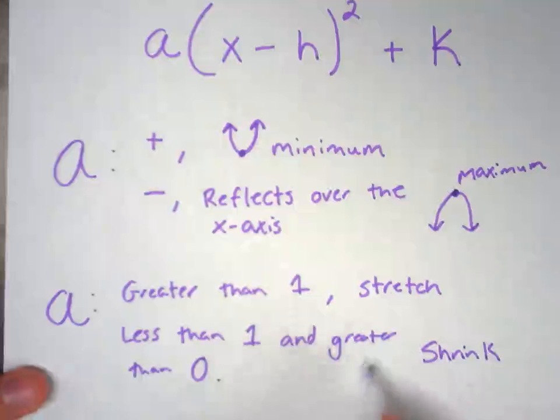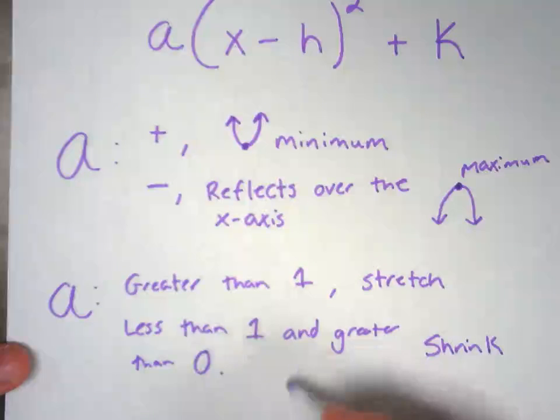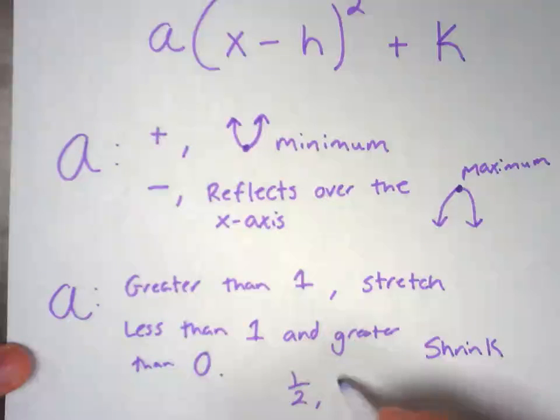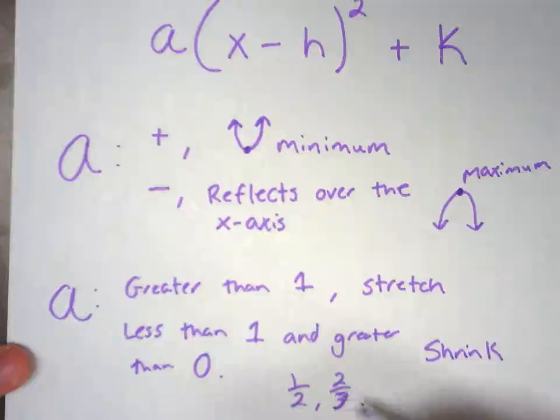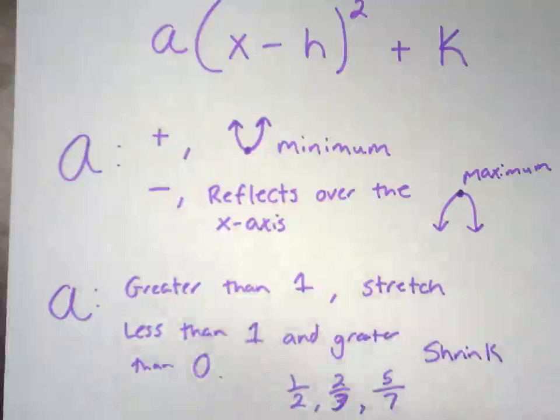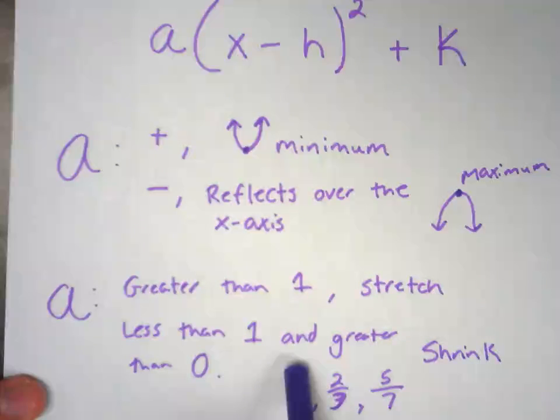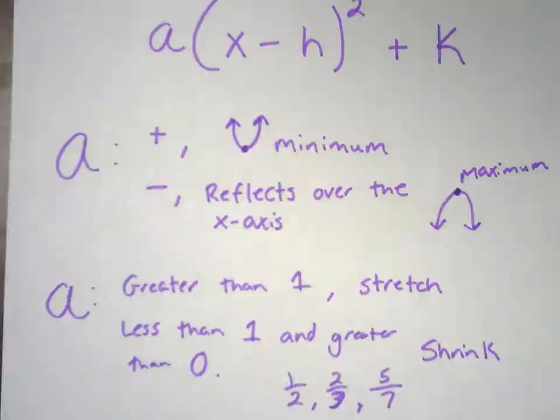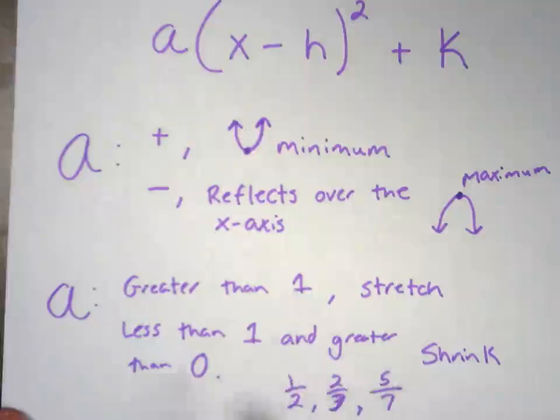So really what you're looking for with that is fractions, like a half, 2/3, 5/7. Anything that's a fraction, that's what you're looking for it to shrink. Now, obviously, if the fraction has a bigger number on top and a smaller number on the bottom, that's bigger than 1, so that'd be a stretch. But usually with fractions like that, when the numerator is less than the denominator, it's going to be a shrink.